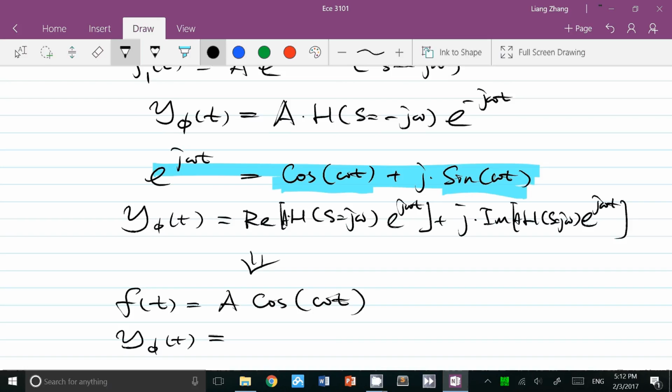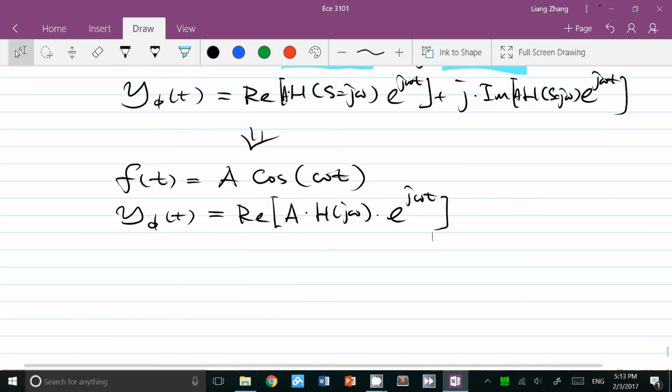And this cosine signal can be done in the following manner. So A, as we have, H of s equal to j omega, I can just write it as H of j omega, and we have e to the j omega t as usual, being the real part.